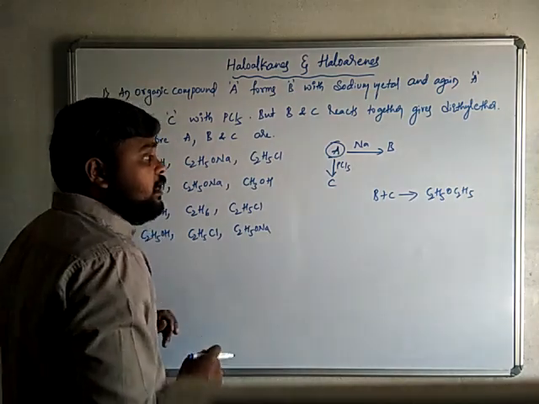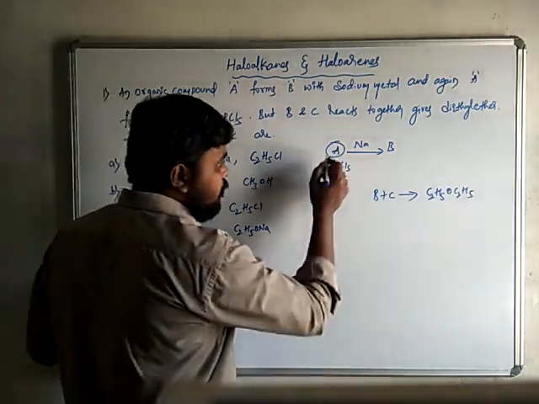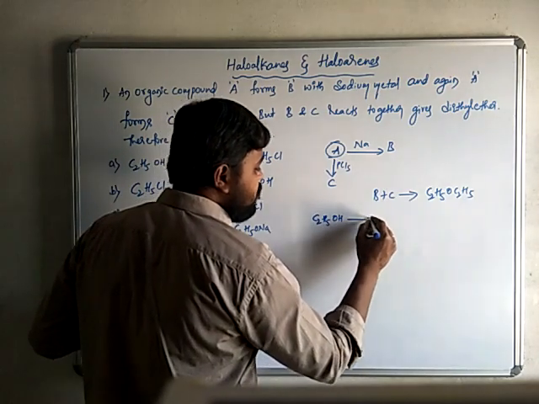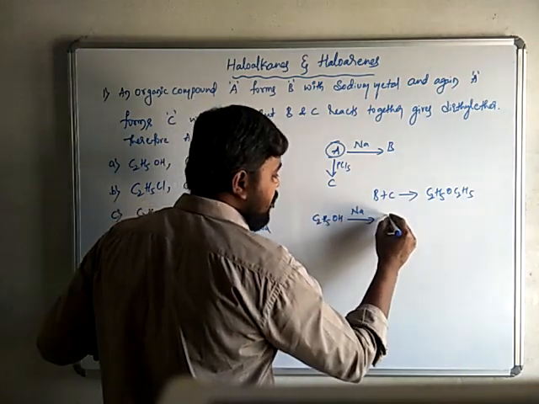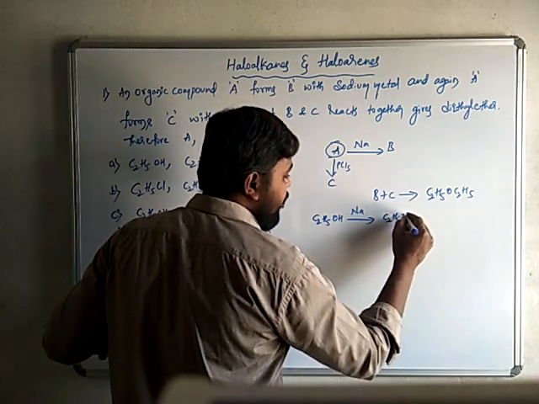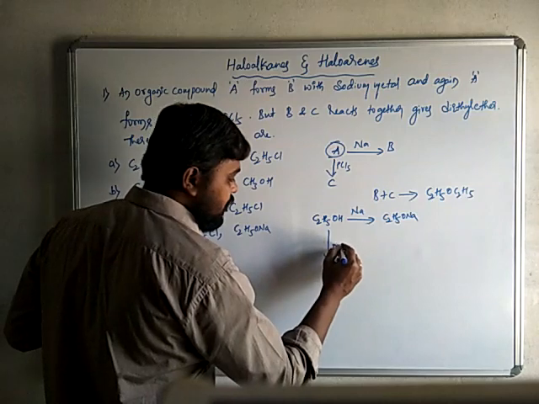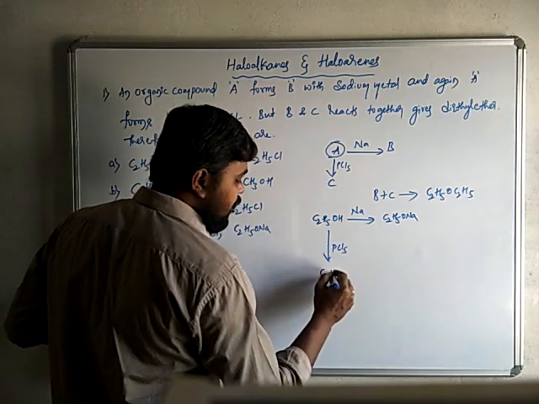To prepare diethyl ether, we need ethyl alcohol. That means A should be ethyl alcohol. When ethyl alcohol reacts with sodium metal, it gives C2H5ONa, sodium alkoxide. Similarly, this ethyl alcohol again reacts with PCl5, it gives ethyl chloride.